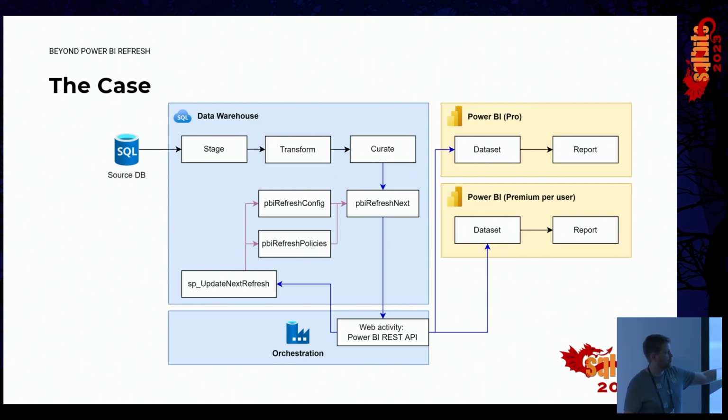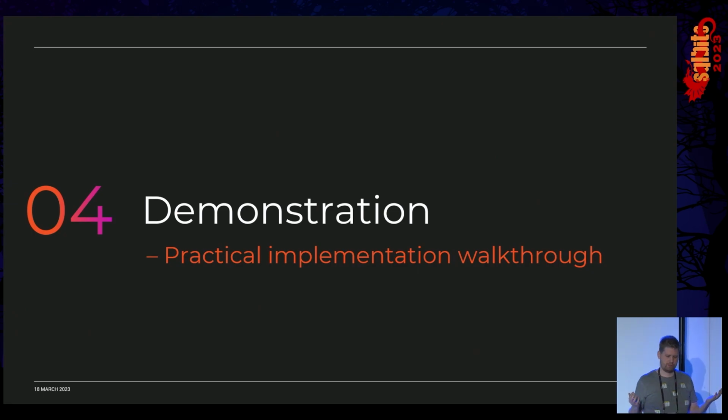Then we added a stored procedure that would use some metadata tables and generate the next refresh. So every time we refresh a data set, we run some procedure that will make sure that we get, well, then the next available time slot. Yeah, let's see how it works.